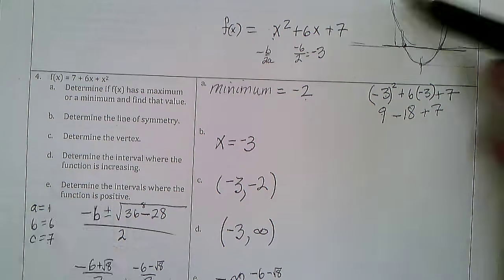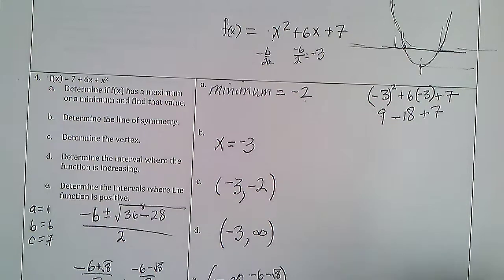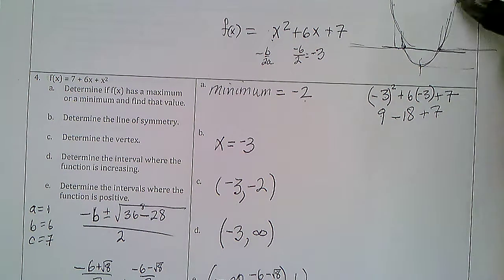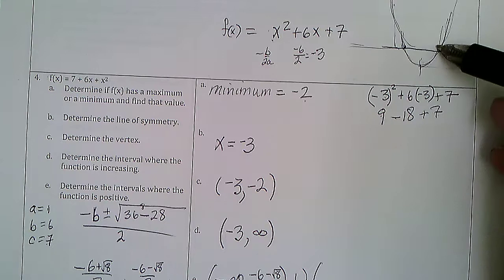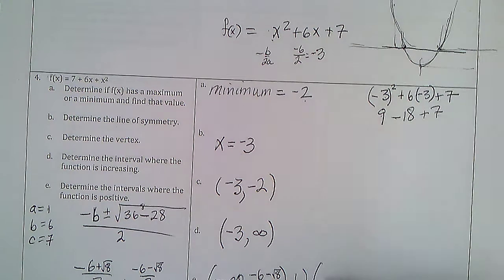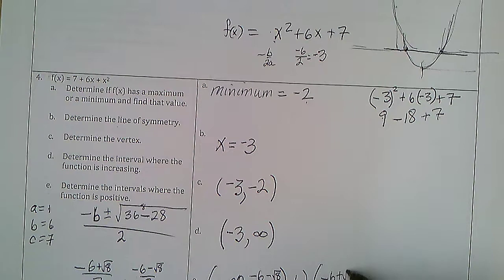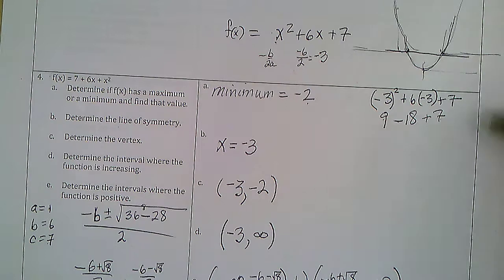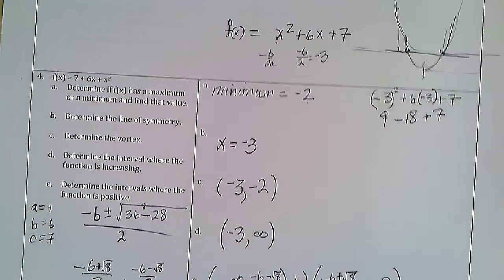It's got to be positive, so we don't include it. Union, and then from here up the graph is positive, and so the x is minus 6 plus the square root of 8 over 2 on up to infinity. That's positive.